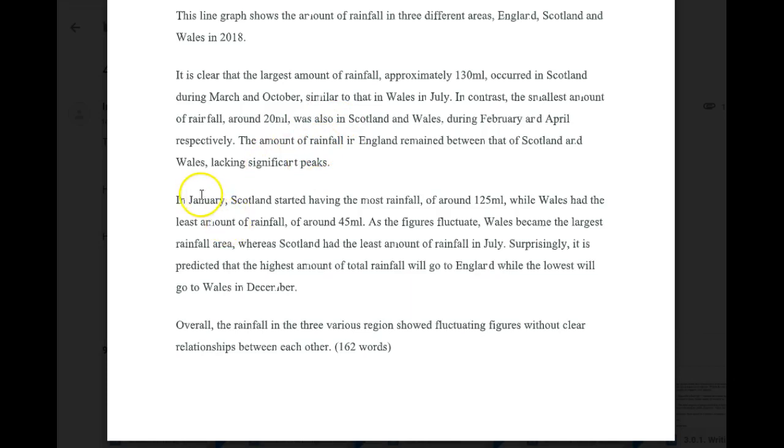Then you got into some specifics about Scotland, and then about Wales, and then, let's see. So you picked this period, January for Scotland, and then January presumably for Wales. And then you talked about July for Scotland and Wales again. And then all of a sudden you're talking about England. Let's see. And then lastly in Wales.